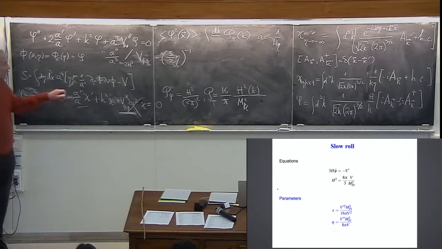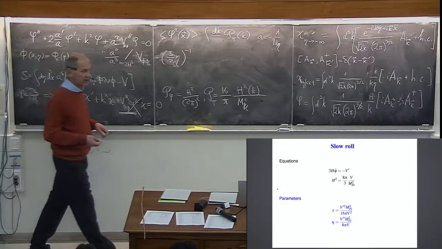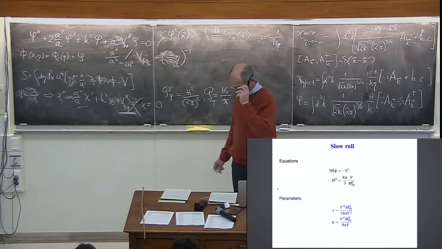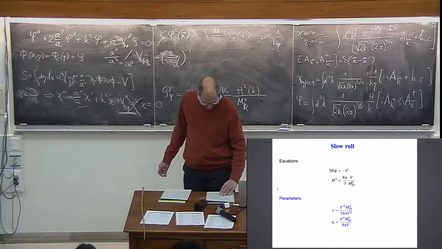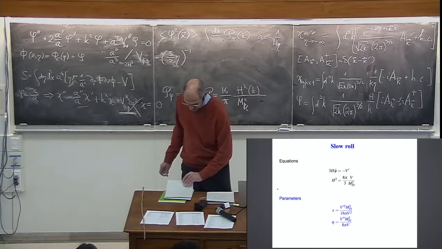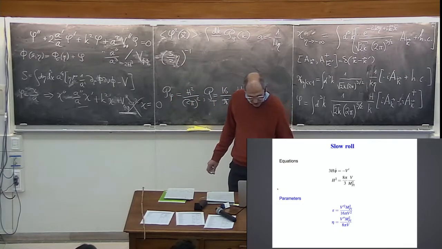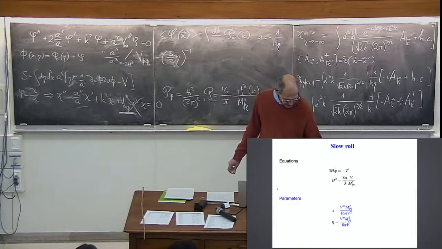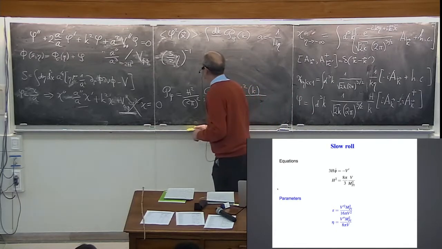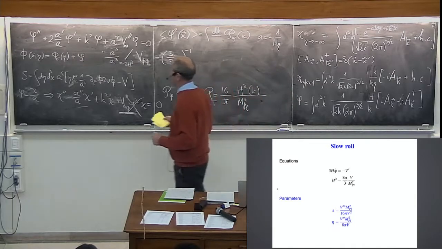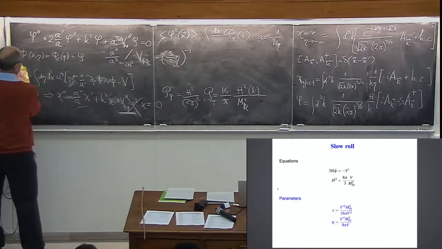You have also contributions coming from perturbations of the metric, which by themselves are linearly related to the inflaton. Well, is it tractable? The answer is yes, it is. And I'm not going to go into much detail here, but let me give you the idea and the way one can calculate and get to the answer soon.